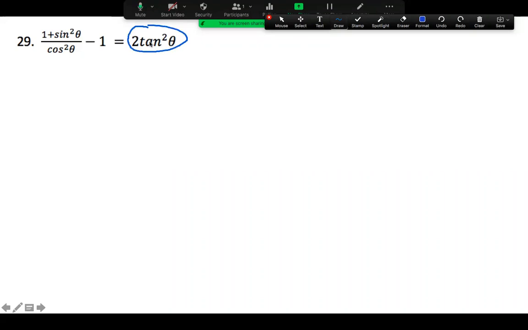All right, so my first instinct here, folks, is I'm really tempted to replace this here, 1 plus sine squared theta, using a Pythagorean identity, but that's not the case. I could have sine squared -1.